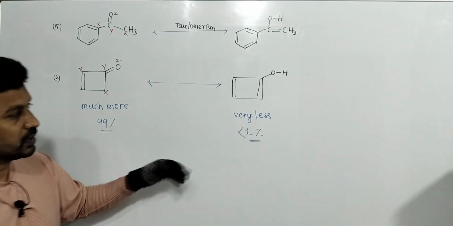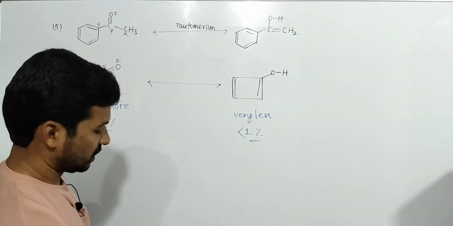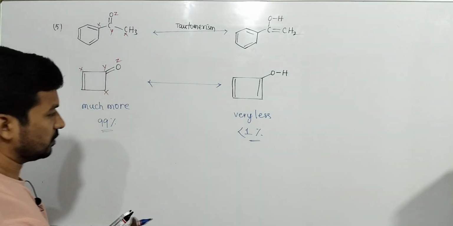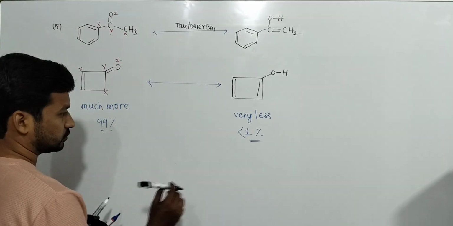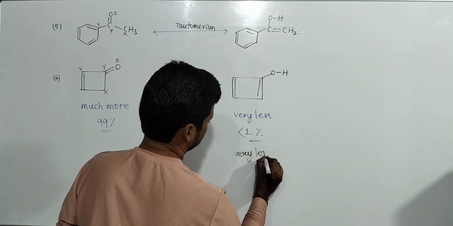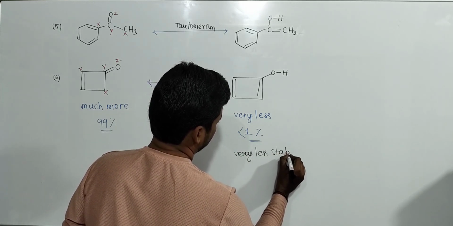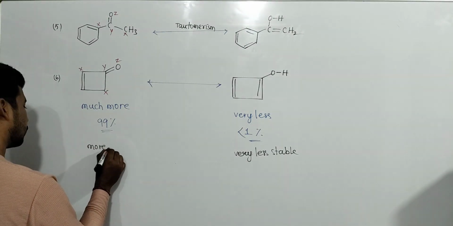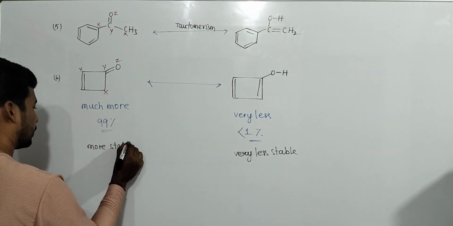Very less. This is because keto-enol content always depends upon stability. This is the reason: this form is very less stable. Here this is more stable.